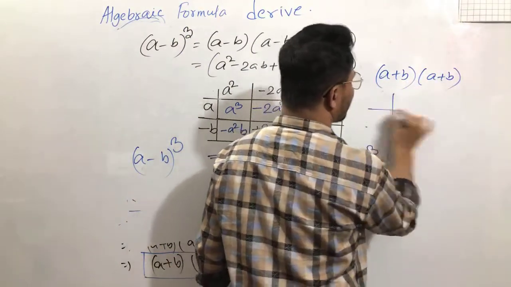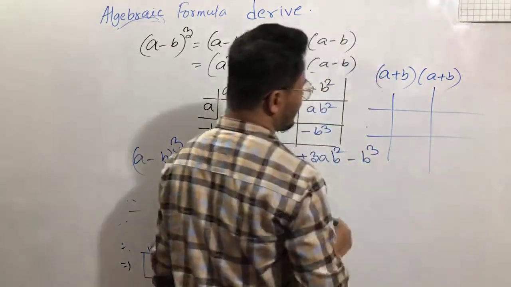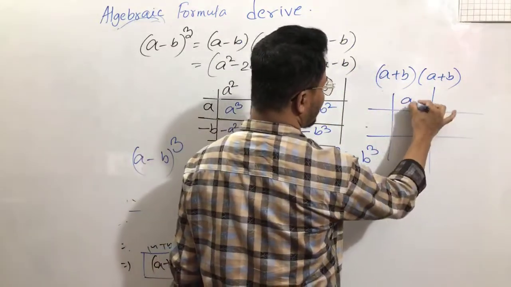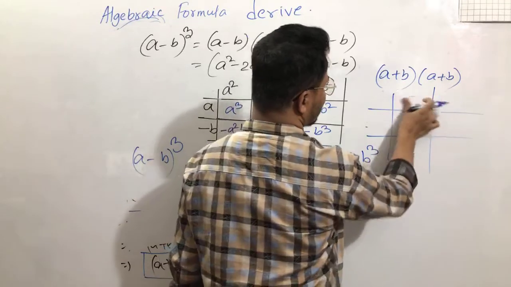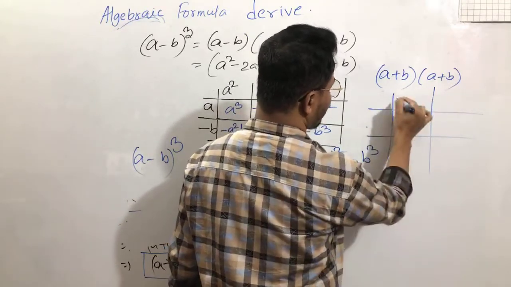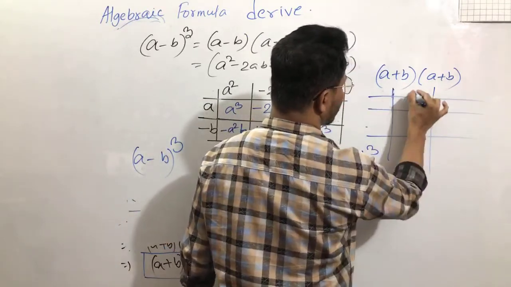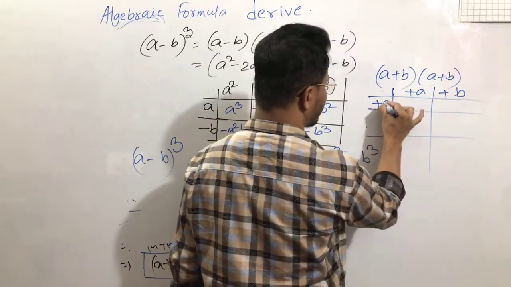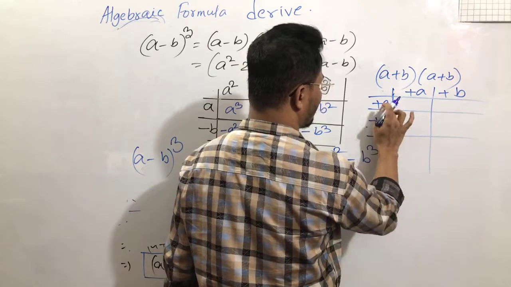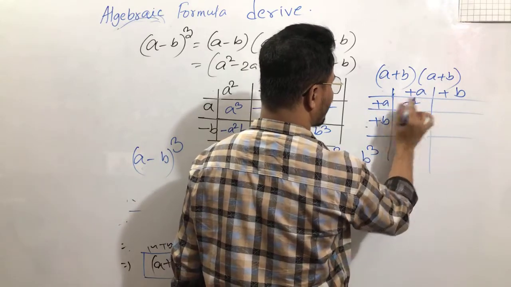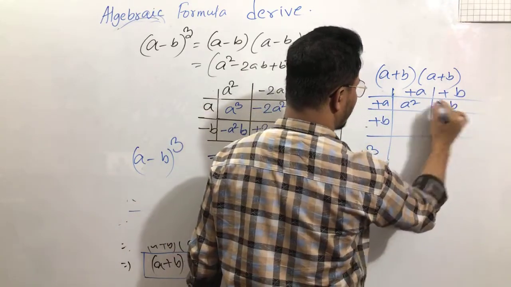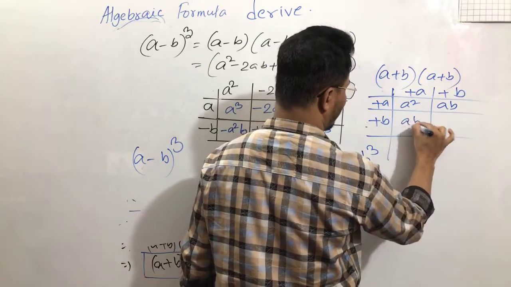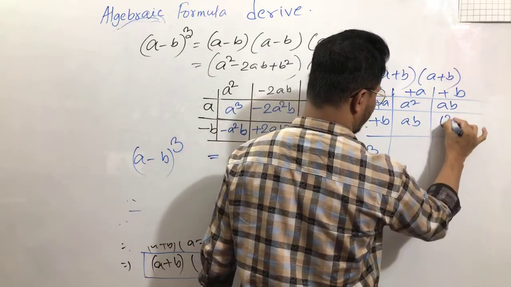So just do a box here. This is the plus a and plus b, another plus a plus b. Now plus a multiply plus a, a square, plus a multiply b, ab, b multiply a, ab, b multiply b, b square.